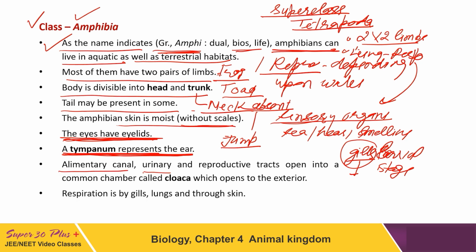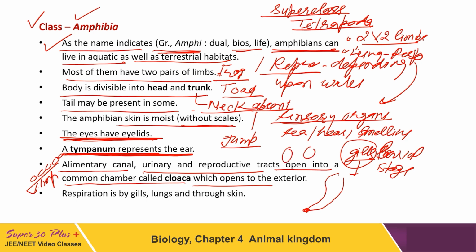Alimentary canal, urinary and reproductive, very important character. Stars are to be given to this, very important character. The alimentary canal, urinary and reproductive tract open into a common chamber known as the cloaca, which opens to the exterior. You know, children, this is the opening of the rectum, right?